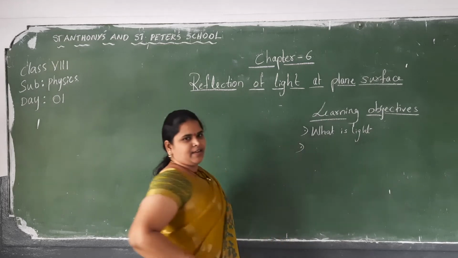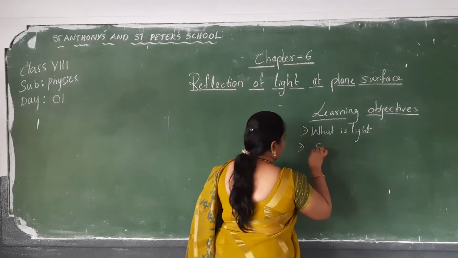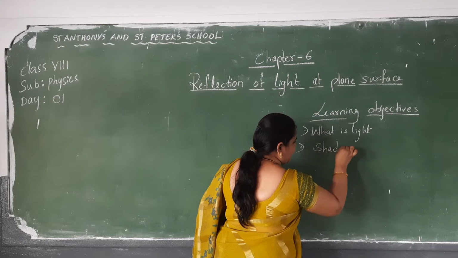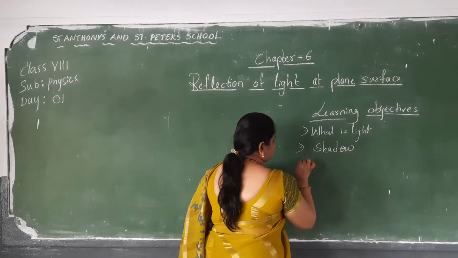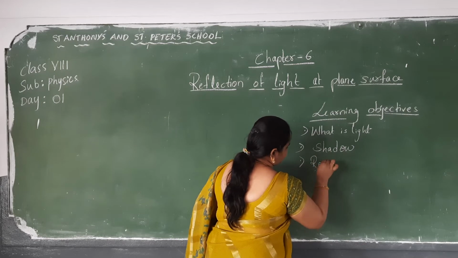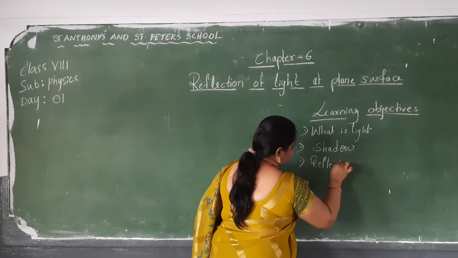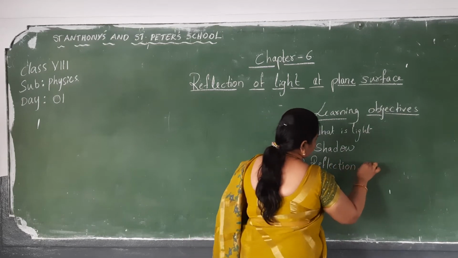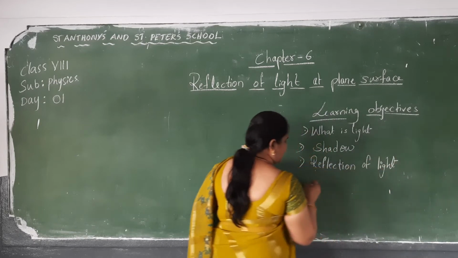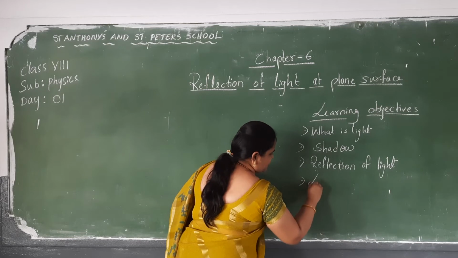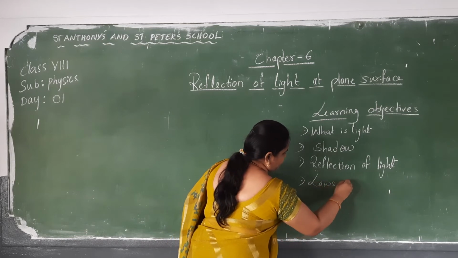Next, shadow. What is shadow and how a shadow is formed? Next, reflection of light. And the next one is laws of reflection.